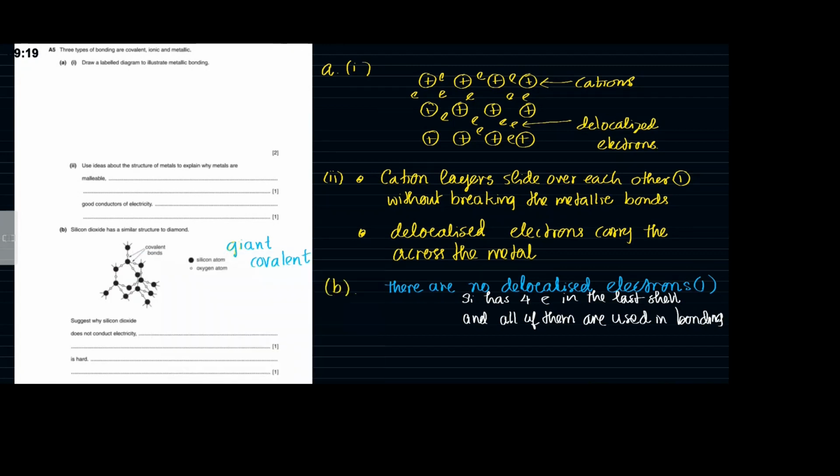So when they say hard, one of the easiest answers you can say when it is a giant covalent substance, there are many strong covalent bonds. So it's hard, right?